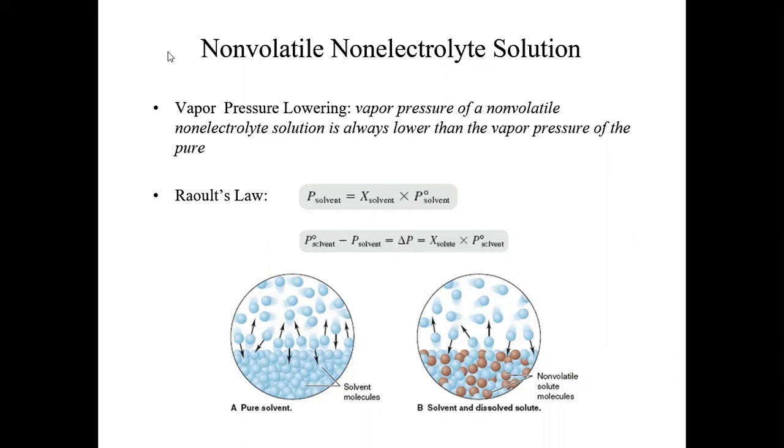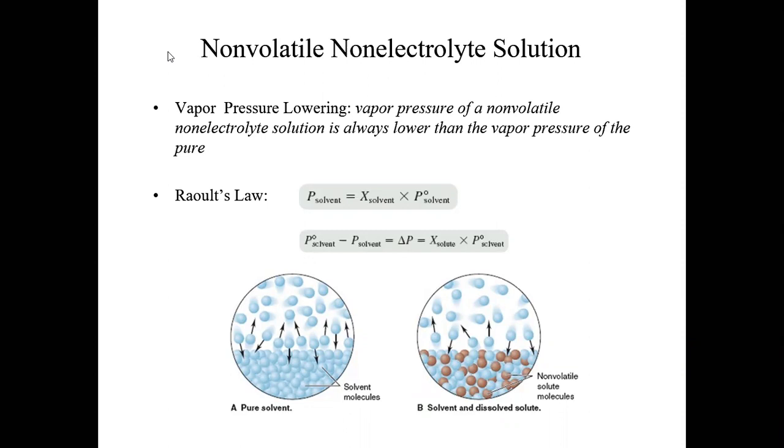If you take organic chemistry, you'll actually use Raoult's law, which is the law for vapor pressure lowering, for a volatile non-electrolyte solution. So you can see what's the vapor pressure component of each solute and solvent. And then from there, you can calculate the total vapor pressure of the mixture.